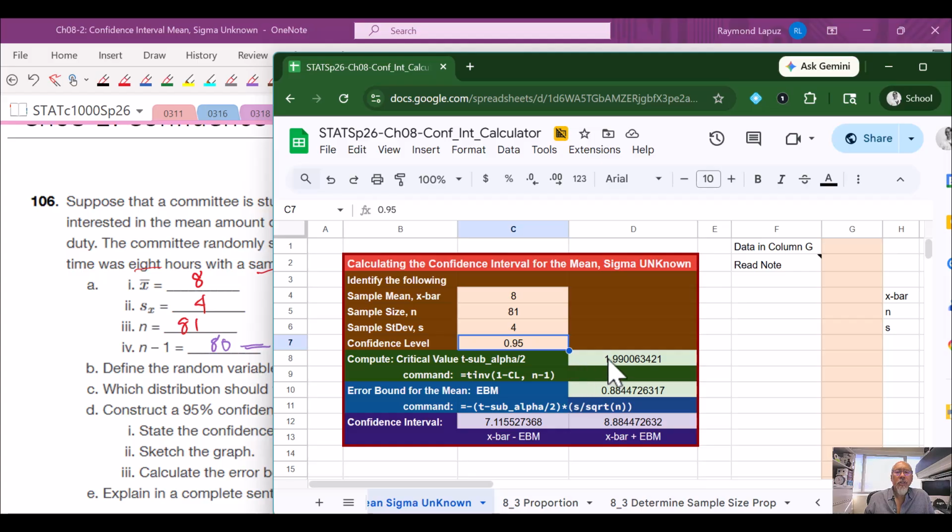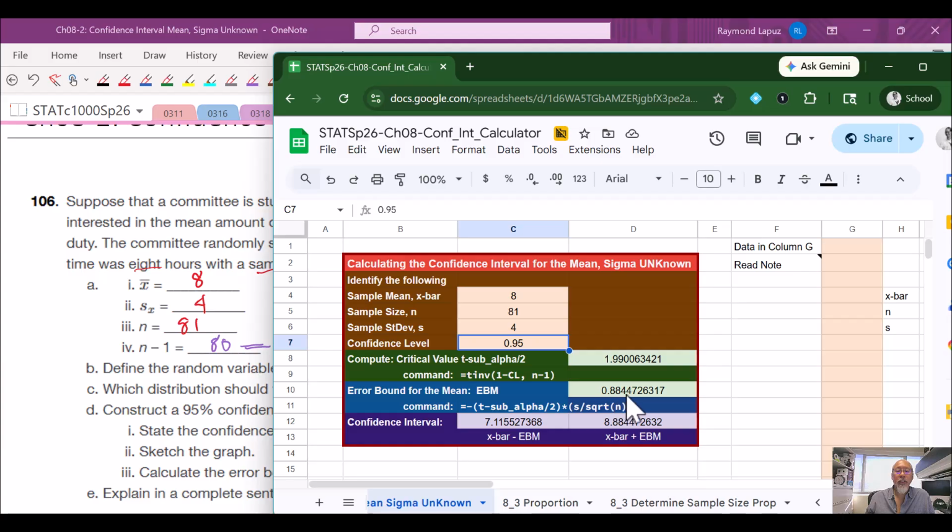With a 95% confidence, your critical t-value, so notice that this is a t-value, is 1.990. So if that was needed at all, you can make sure you add that. And if they ask for the error bound, which they do in this case, it's going to be 0.884.